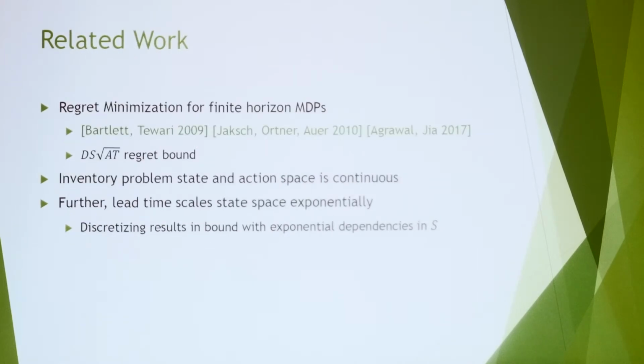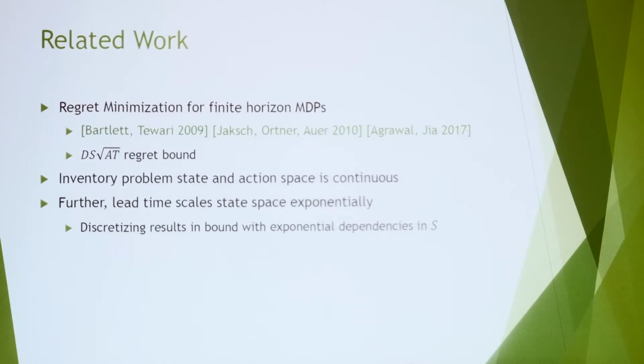What I mean by this is, in related work, there's been a lot of work in regret minimization for finite horizon MDPs, and they've all achieved a regret bound of the order of S root AT, where S is the size of the state space, A is the size of the action space, and T is the time horizon. In our case, if we try to apply this directly to our problem, we notice that in the inventory problem, the state and action space is continuous, or at least very large.